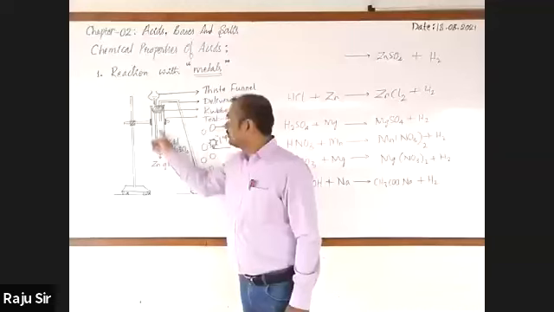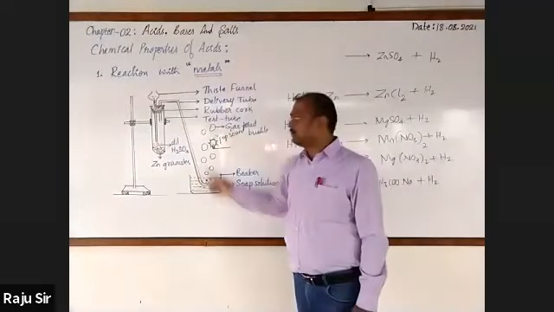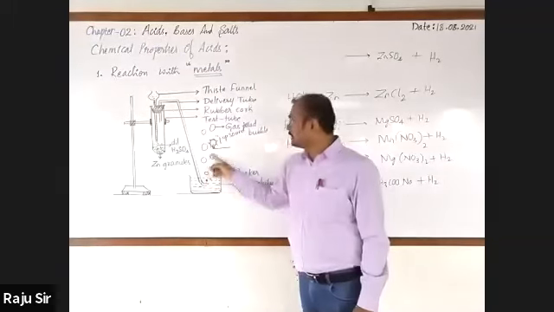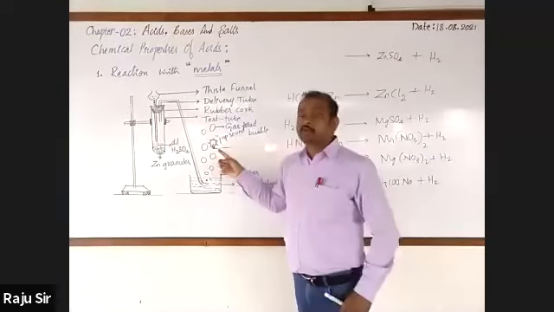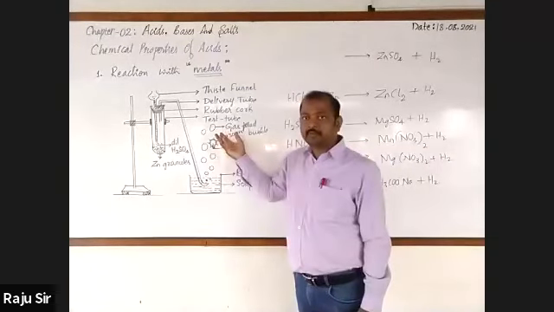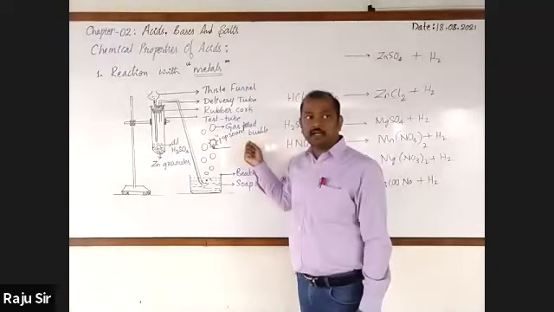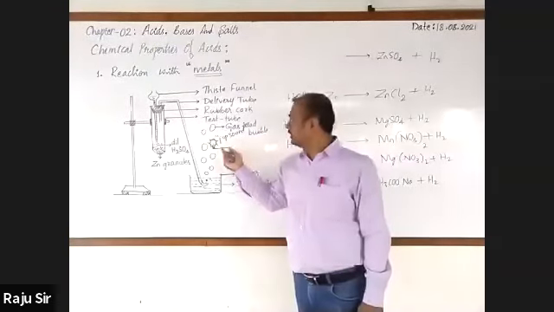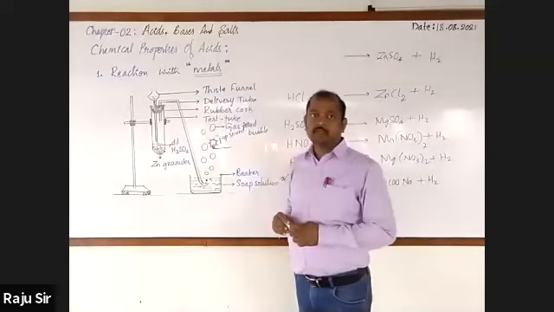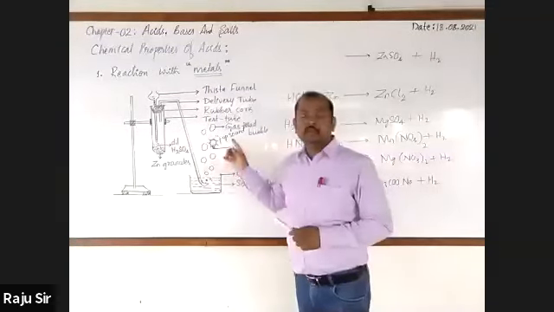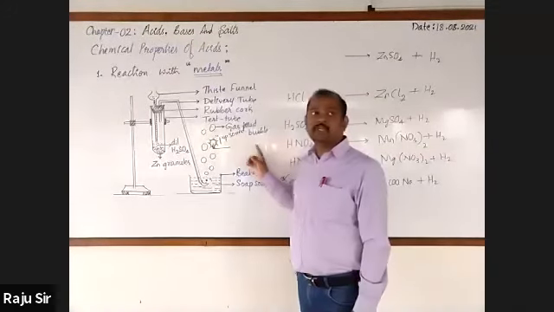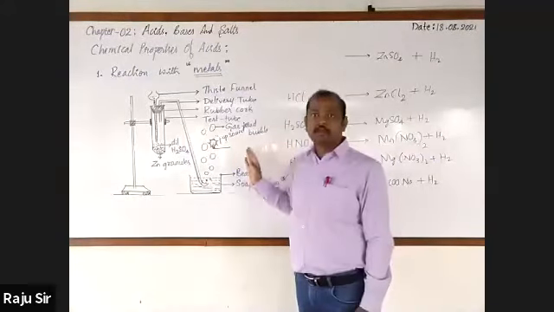This gas passes into the soap solution through the delivery tube, and the bubbles filled with the gas will come out. Next, bring a lighted matchstick or lighted candle near the gas bubbles, and it is noticed that the bubbles burst with a pop sound, which indicates hydrogen gas is liberated.